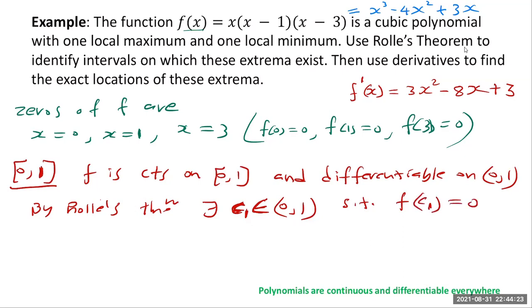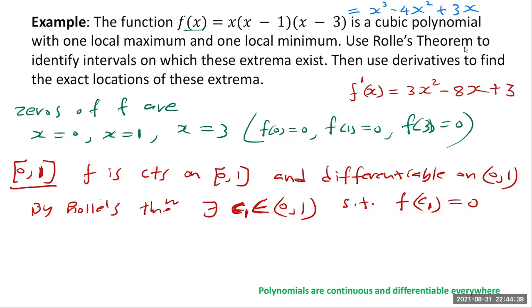That's the conclusion of Rolle's theorem because f of 0 is equal to 0, f of 1 is equal to 0, and f is continuous on the closed interval and differentiable on the open interval. So I must have C1 in this interval such that f prime of C1 is equal to 0.